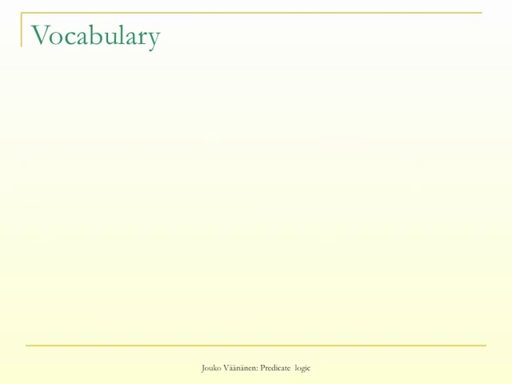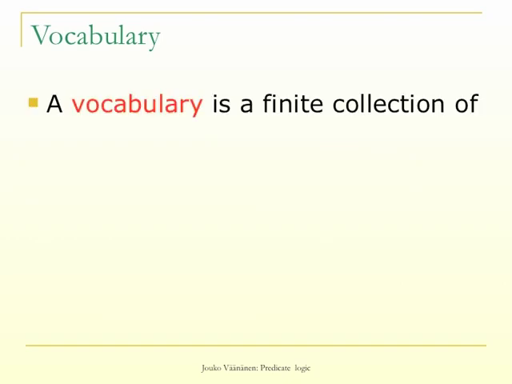Let us now move to the concept of vocabulary. Ordinarily, the vocabulary of a language is the set of all the words that the sentences of the language are made of. In predicate logic, we use the word vocabulary a little differently, although the spirit is the same.